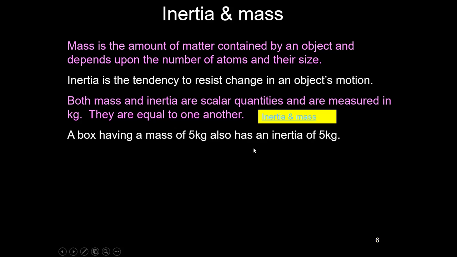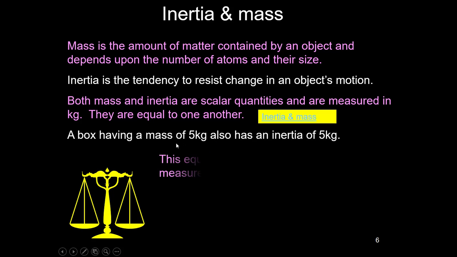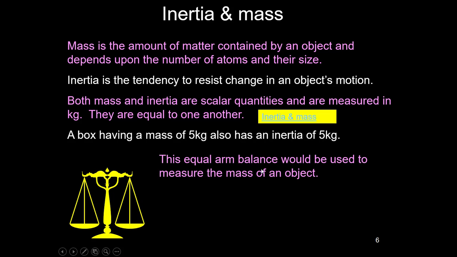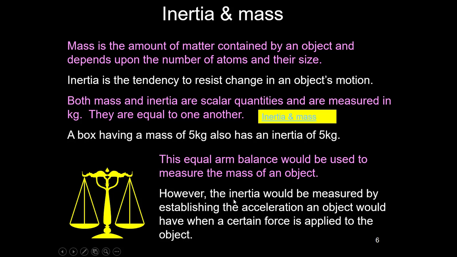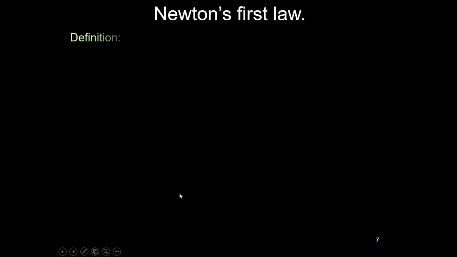A box having a mass of 5 kilograms also has an inertia of 5 kilograms. The equal arm balance would be used to measure the mass of an object. However, the inertia would be measured by establishing the acceleration an object would have when a certain force is applied to the object.